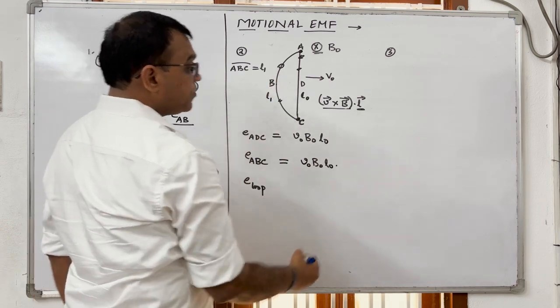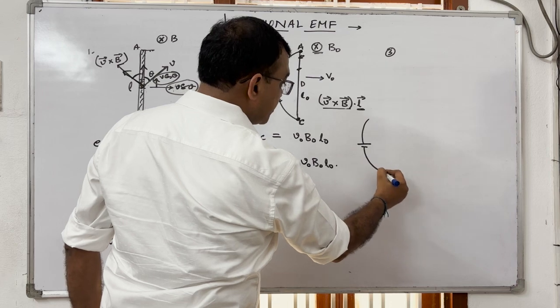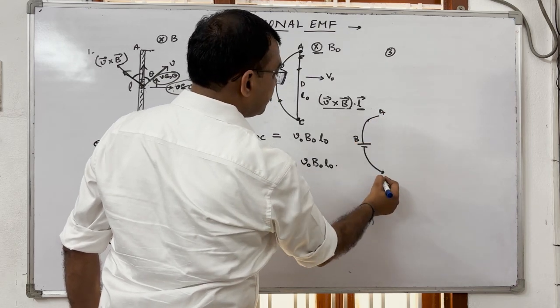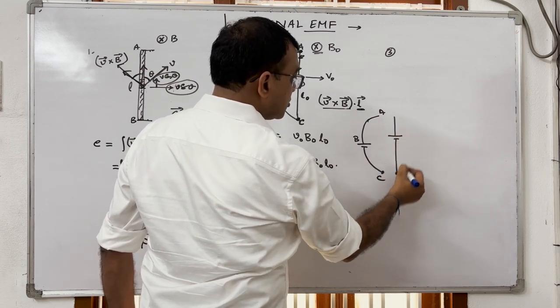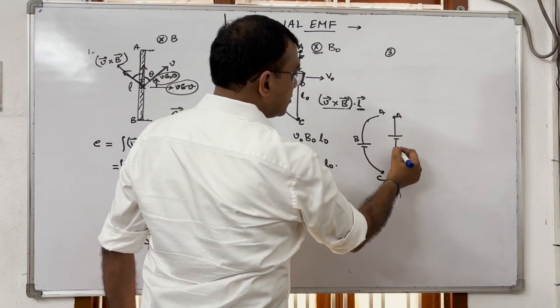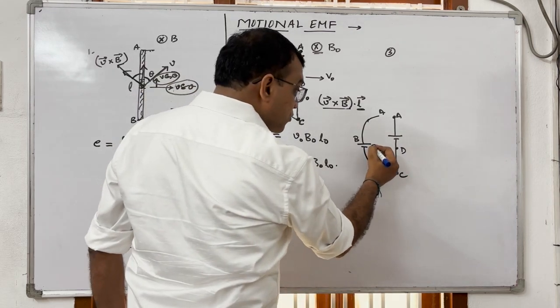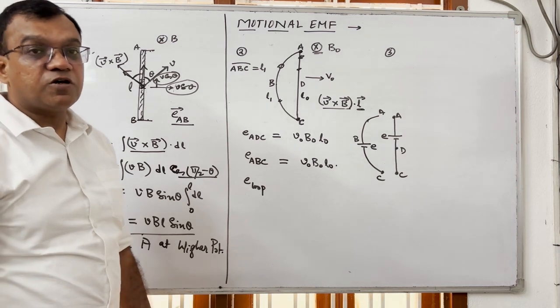If I replace this by an equivalent path, ABC will be like this and ADC will be like this, and the EMF of both will be the same, equal to V0 B0 L0.